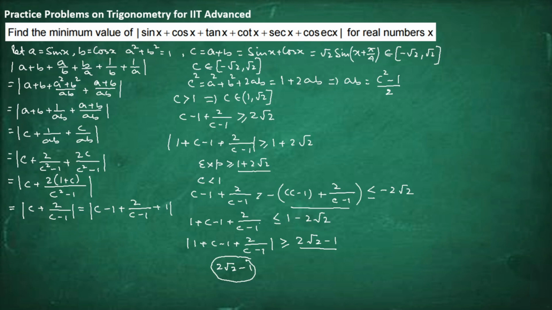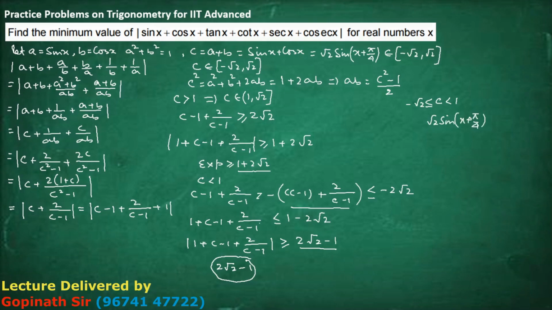It happens only when C lies between minus root 2 to 1. That is, root 2 sin (x plus pi by 4) lies between minus root 2 to 1.